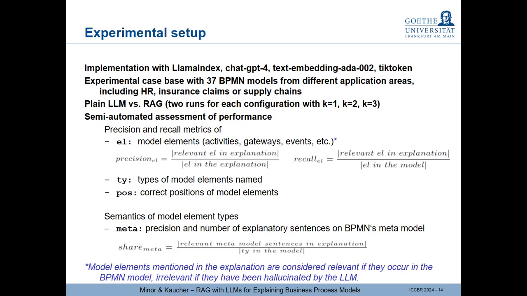And as usual in information retrieval, the precision focuses on the relevant elements that occur in the result, divided by the elements that are in the explanation, where relevance means that a model element that occurs in the explanatory text also has to be present in the process model.